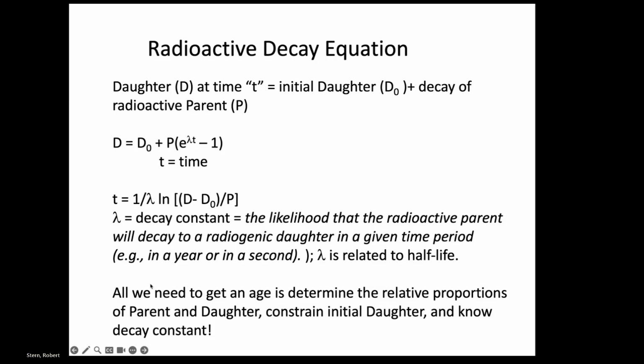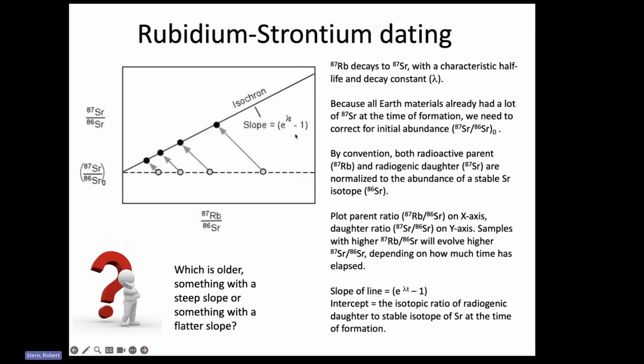So m is the slope of the line. So all you do is you analyze 4 things. These could be 4 minerals from the same body, or 4 rocks from the same body, or whatever, and calculate the slope of the line, and see how good the data fit.